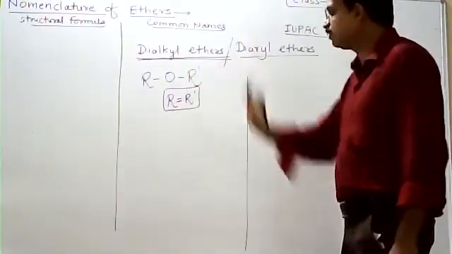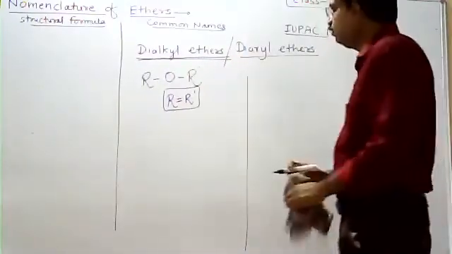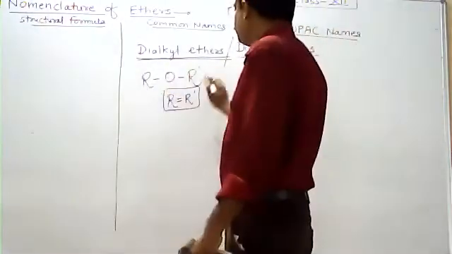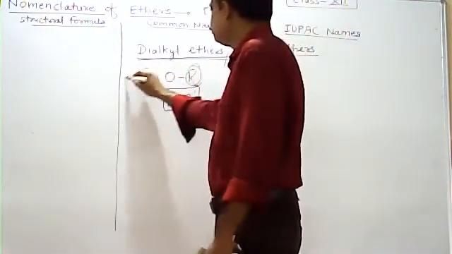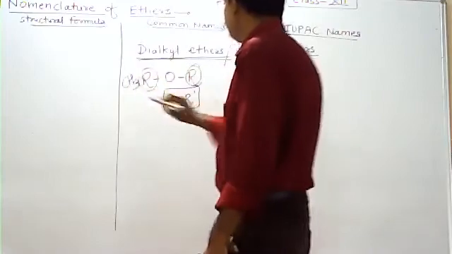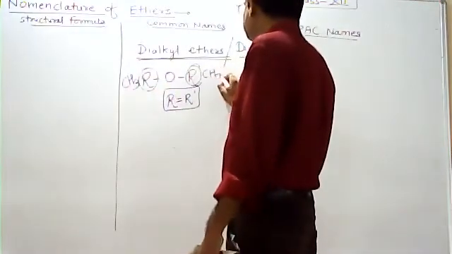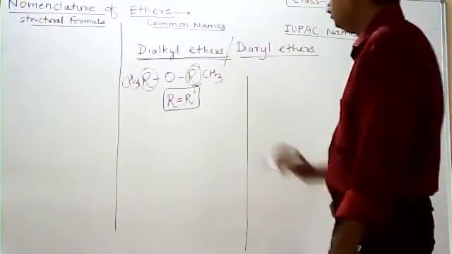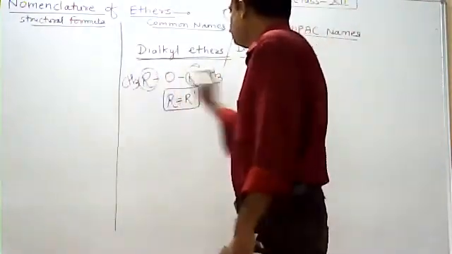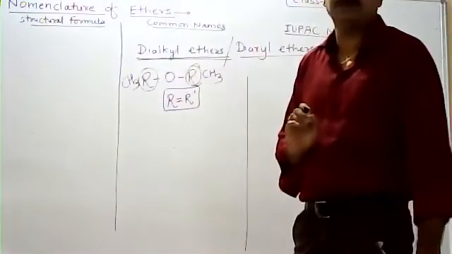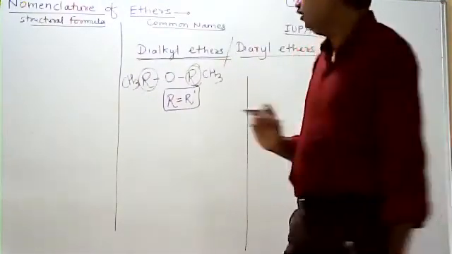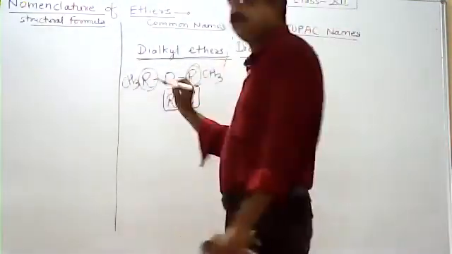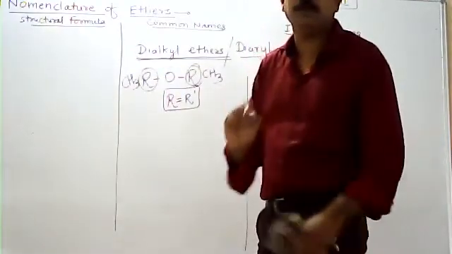In the case of simple ether, it is very simple, use dimethyl instead of the alkyl group. Suppose here a CH3 alkyl group is there, and here another CH3 alkyl group is there. Then its name is dimethyl, followed by the suffix ether. So dimethyl ether is the name.